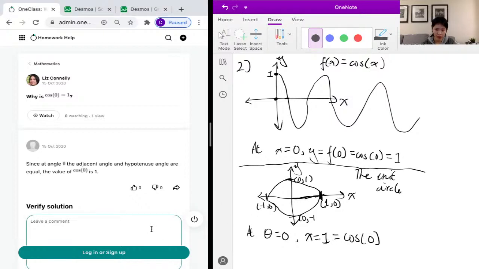So here, let me look at the sample solution. It just says that at angle theta or at angle 0, the adjacent and hypotenuse are equal.